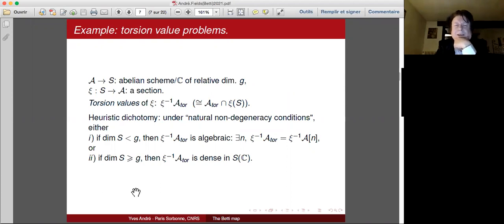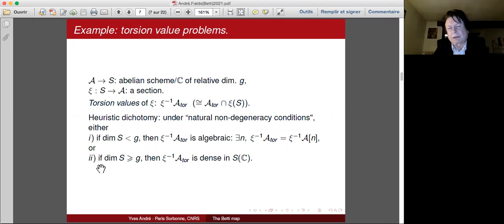Either the dimension of the base S is smaller than g, then the torsion values should be algebraic. So there should be, in fact, an integer n so that all torsion values are in fact n-torsion values.